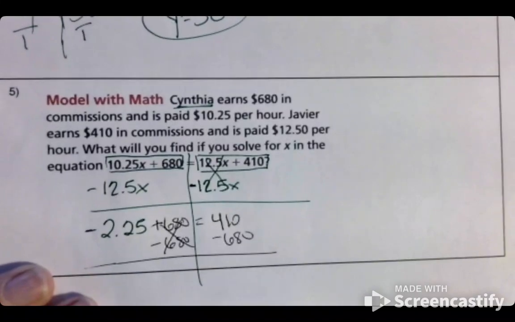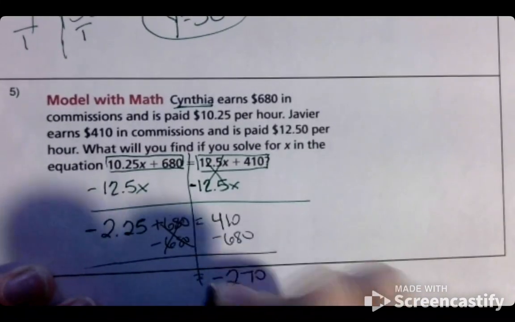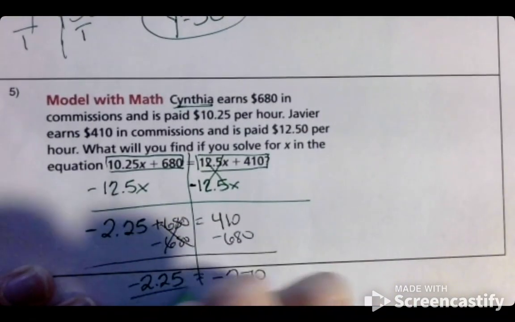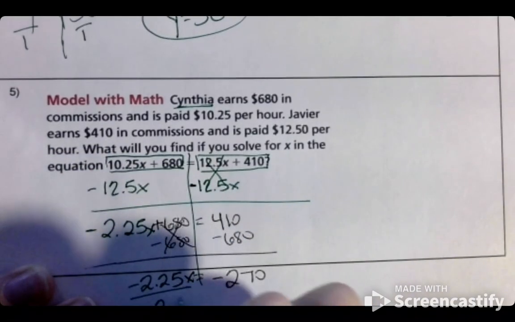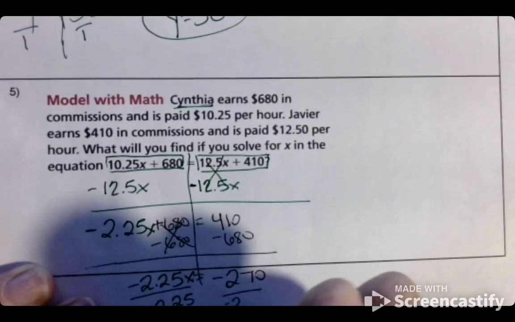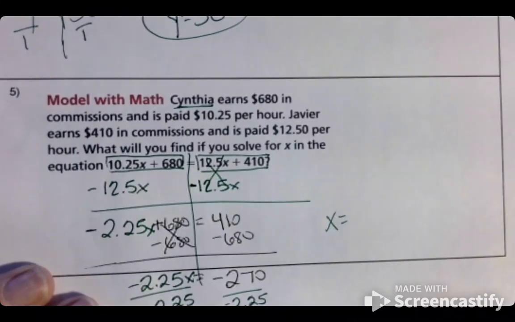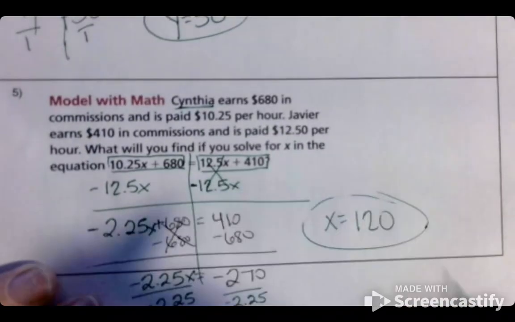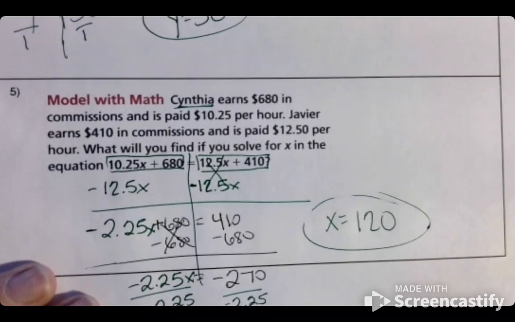And 410 minus 680 is negative 270. And then that's negative 2.25x. Ooh, I forgot my x. So sorry. Divide by negative 2.25. So x equals 120. So after 120 hours, they will be paid the same amount.